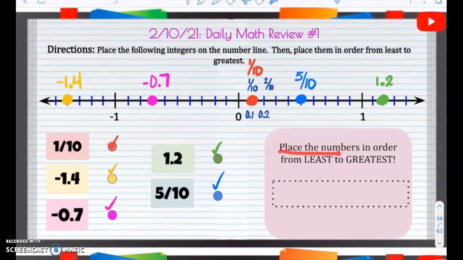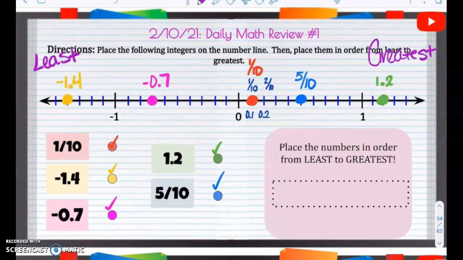Now we're going to place the numbers in order from least to greatest. Least to greatest. So what we're going to look at here is, well, we know that least is going to be down here because it's in the negative, and the greatest is going to be up to the right.